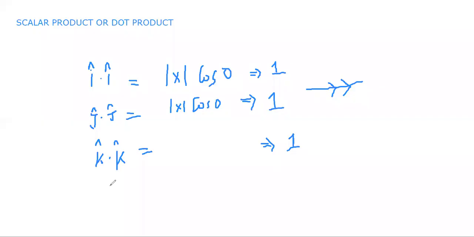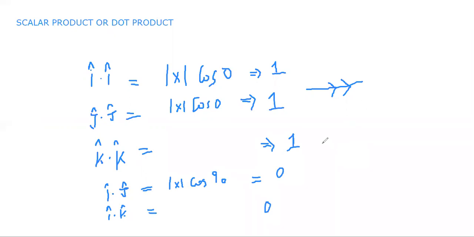Now suppose I want to calculate I dot j. With the formula AB cos theta, it would be 1 into 1 cos theta. Now the angle between the x-axis and y-axis is 90 degrees. X and y are mutually perpendicular to each other. So it would be 0. Similarly, if I want to calculate I dot k, it will again come 0 because the angle would be 90.